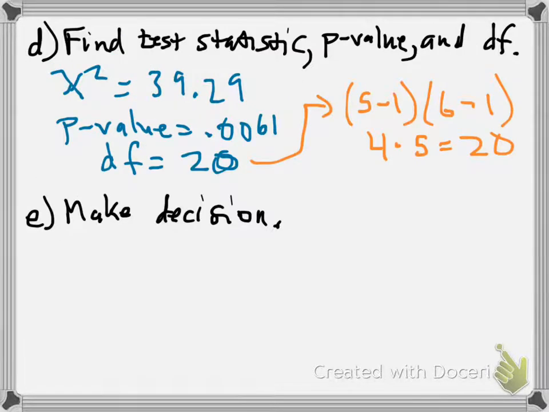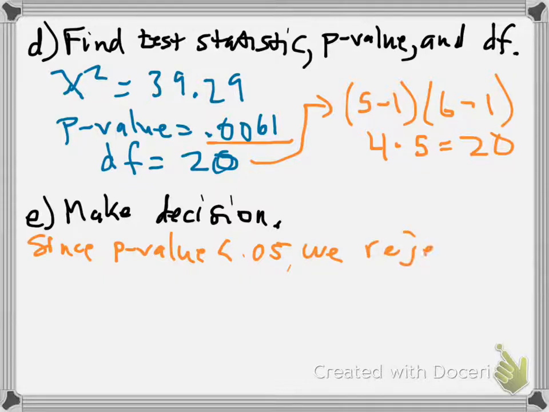Okay, so going to our decision here, our p-value is less than 0.05. So since our p-value is less than 0.05, we reject the null. And what did the null say? That the distributions follow the same. We reject H naught.